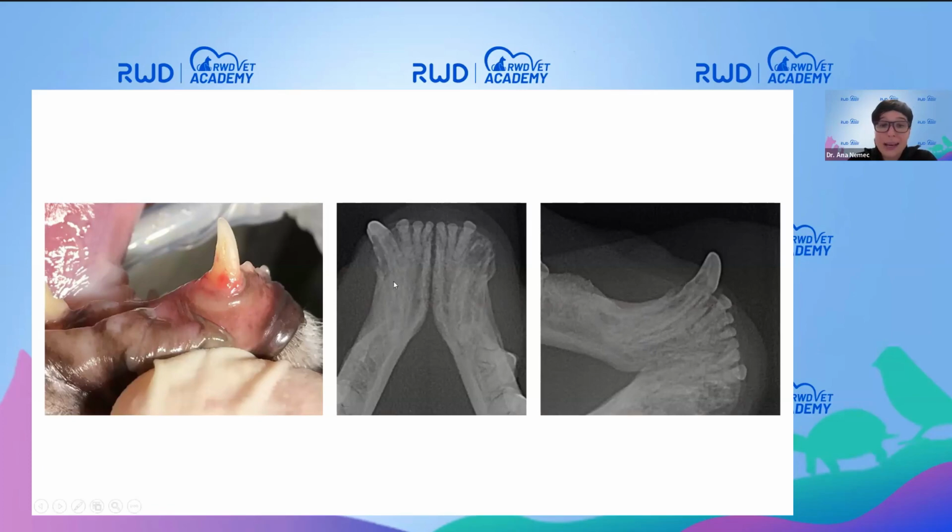We don't see any signs of endodontic disease. We can't even see the pulp anymore. There is absolutely no periapical pathology. And the cat obviously does not have stomatitis, because the mucosa is perfectly nice and pink from what we see, and from what I can tell you. So we can do crown amputation with intentional root retention. So how do we do it?